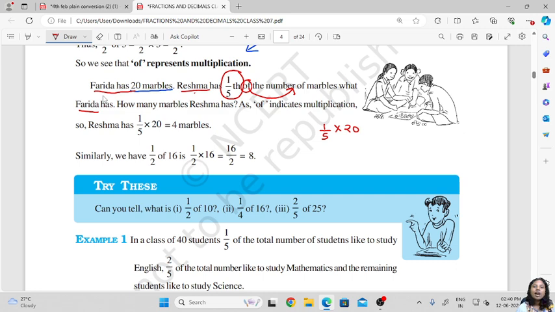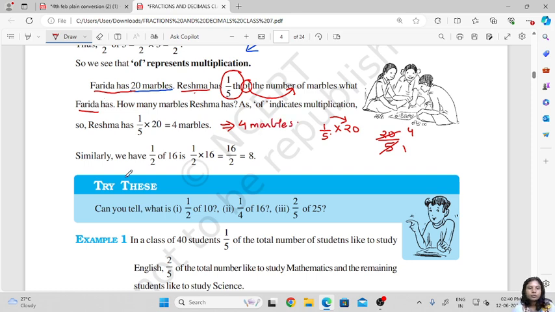So we can directly multiply. If you multiply you will get 20 upon 5, and 5 ones are 5 and 5 fours are 20. So in that case Reshma has 4 marbles.